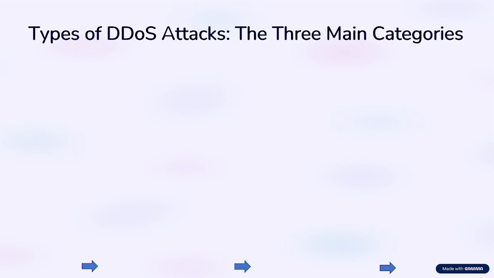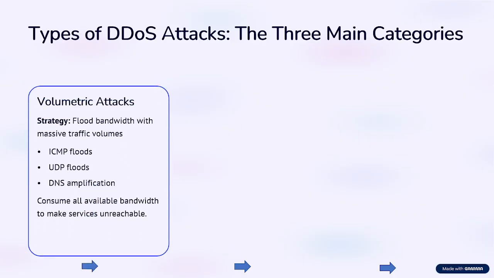Now, moving on, let's explore the 3 main categories of DDoS attacks. Understanding these distinctions is the key to developing targeted defense strategies. The first one is volumetric attacks. As the name suggests, their strategy is to flood a target's bandwidth with massive traffic volumes.